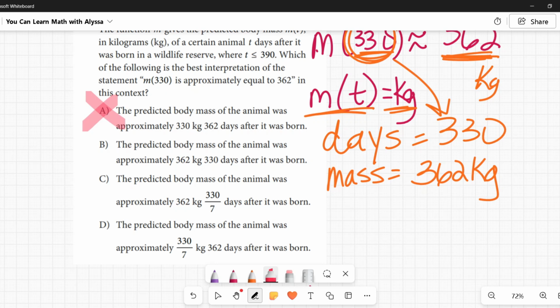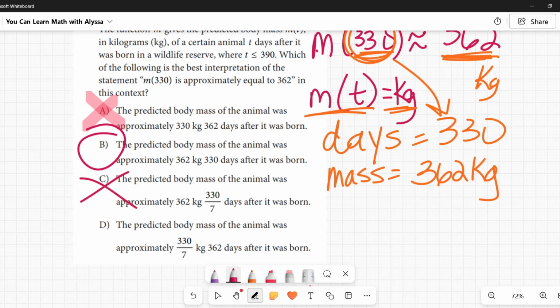Let's read it to be careful and be sure. The predicted body mass of the animal was approximately 362 kilograms, 330 days after it was born. Yep, that looks like our answer, but let's check the others just to be sure there's nothing tricky going on. C, the predicted body mass of the animal was approximately 362 kilograms, 330 over 7 days after it was born. Nope, just a straight 330.